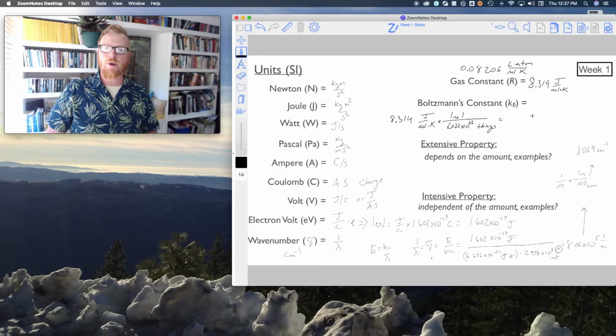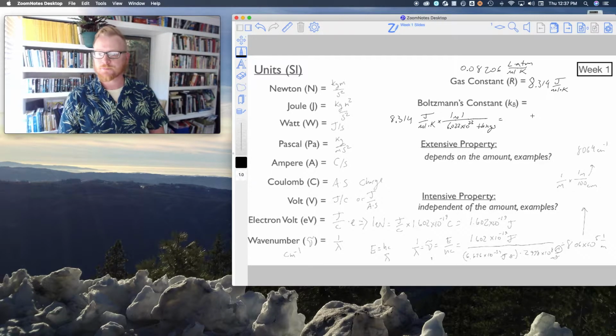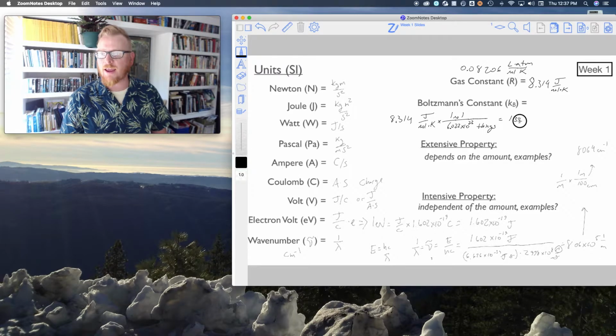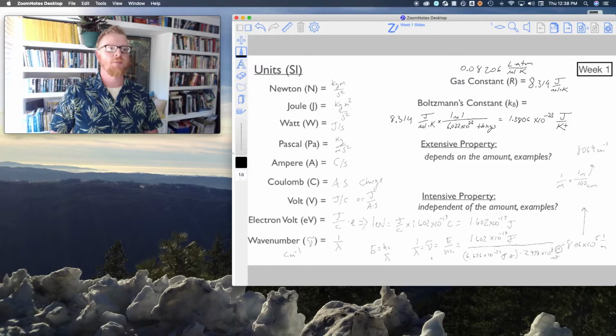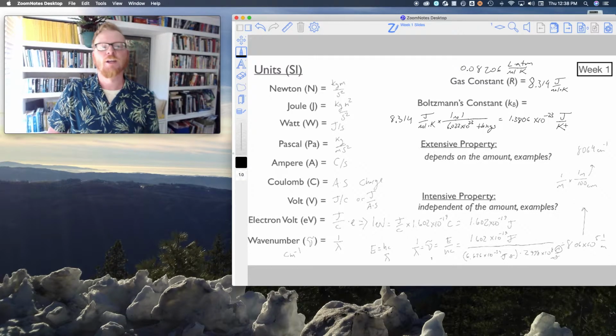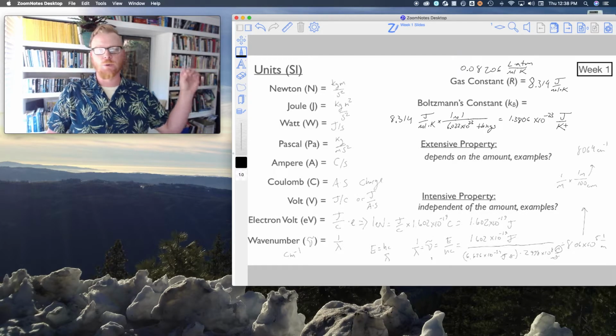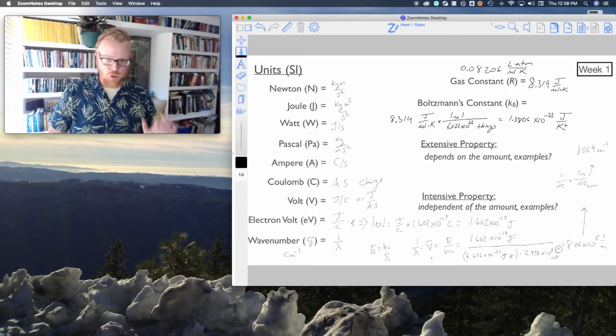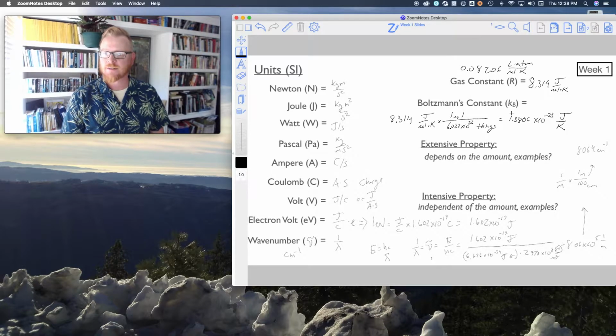If I carry out this operation, then I get 1.3806 times 10 to the minus 23 joule per Kelvin, because that's technically joule per Kelvin per one singular thing, per molecule, per atom, whatever you want. This is Boltzmann's constant.